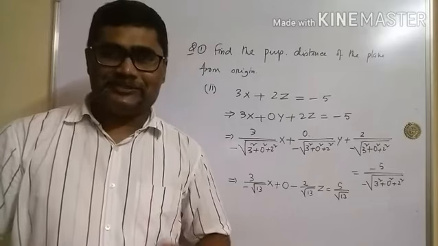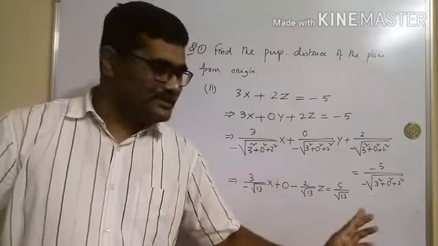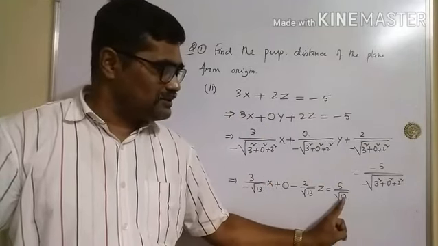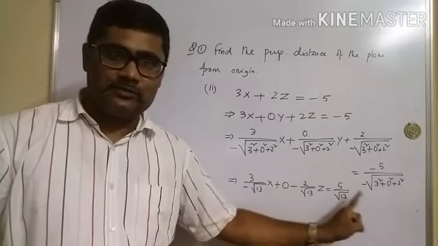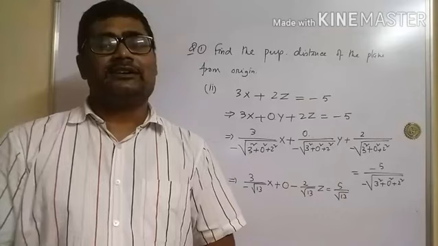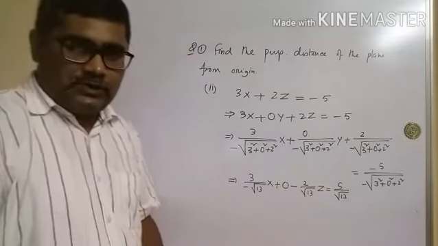You should write it in the form of Lx plus My plus Nz equal to D. Therefore, D equal to 5 by root over 13, that is 5 root over 13 divided by 13 units is the required perpendicular distance from the origin. That's it, right? So this way you can do the problems of this kind.